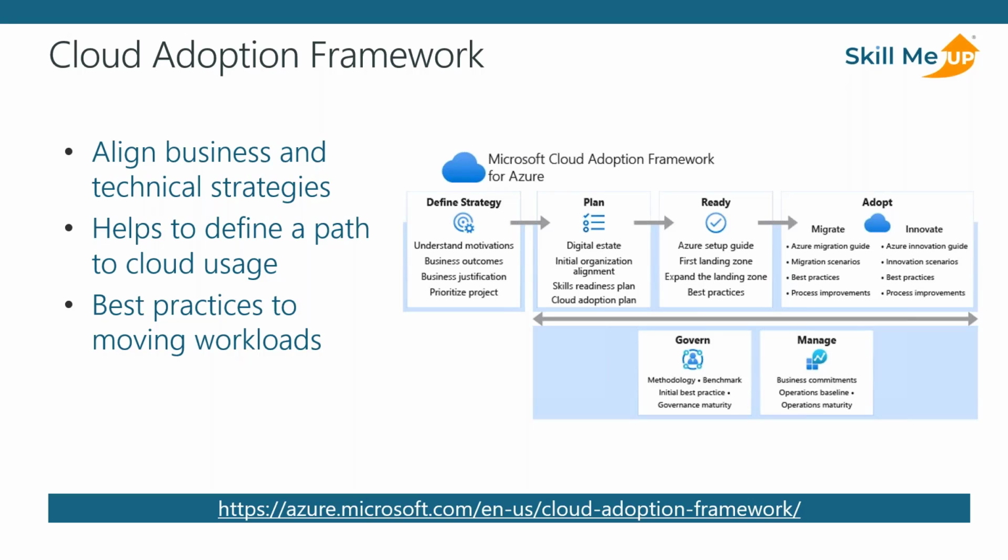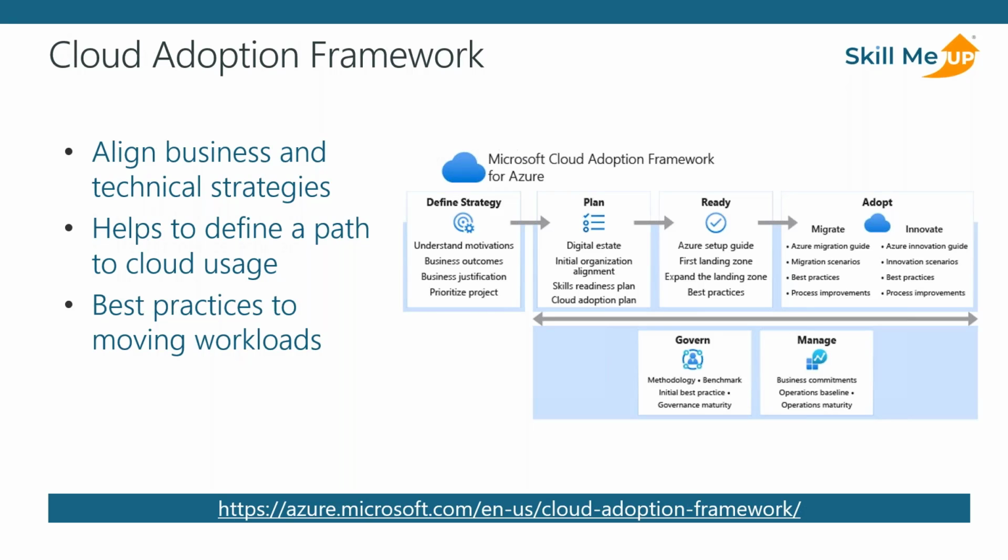And then we take it a step further and continue to govern and manage that across all of that adoption process. If you follow this framework, then you start to define and determine how you're going to bring workloads and services into Azure, and how you're going to build out that environment.